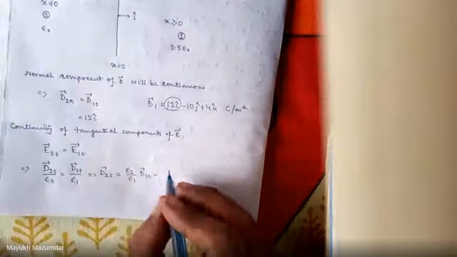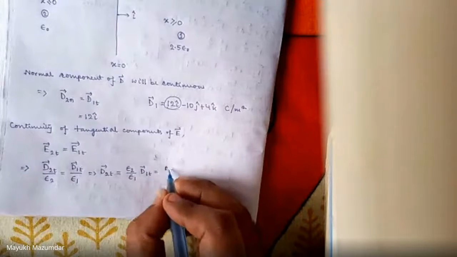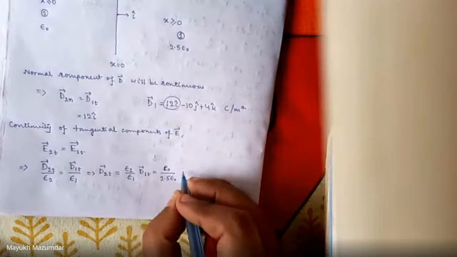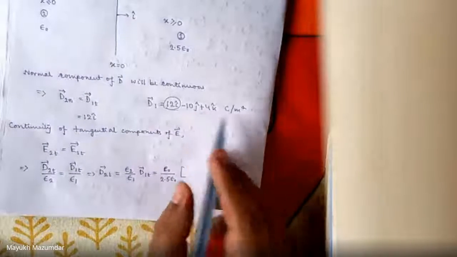Vacuum has permittivity epsilon 0. This one has permittivity 2.5 times that. What is the tangential component? The remaining part.